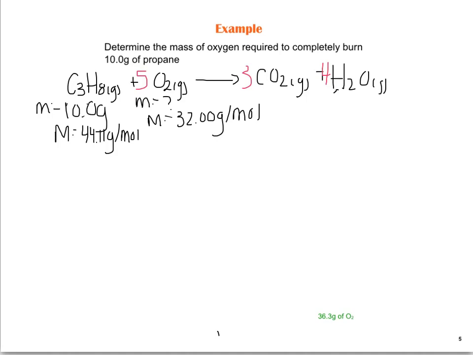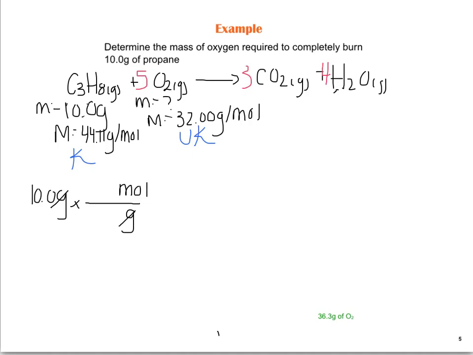All right. Now, just like our previous example, we're going to go from mass of our known to mass of our unknown through a bunch of steps. So we start with the mass of our known, and we're looking for moles. So I want to try and get grams to cancel and find moles.